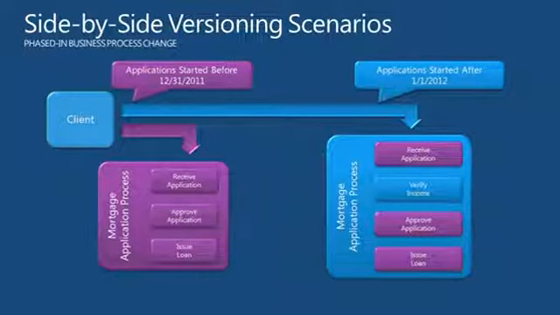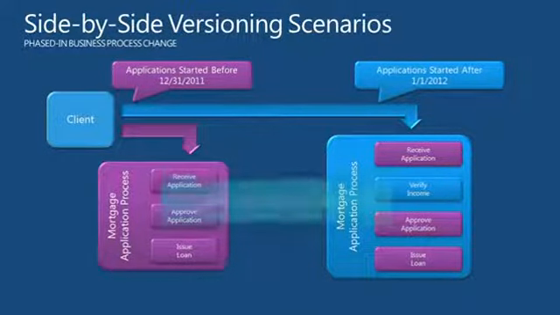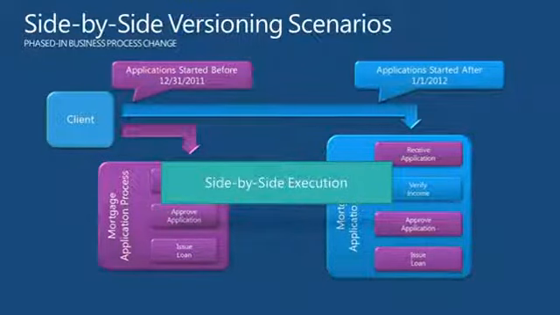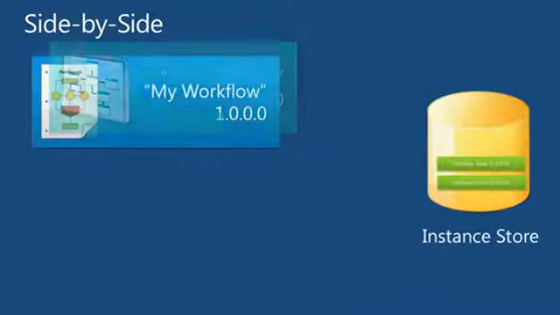So the old ones are fine. They can continue to run to completion. But any new ones that we create, once that rollover happens, have to use that new version. And this is what we call side-by-side execution. And so we've implemented some behavior in Workflow Service Host to make side-by-side execution super simple. So let me show that right now.